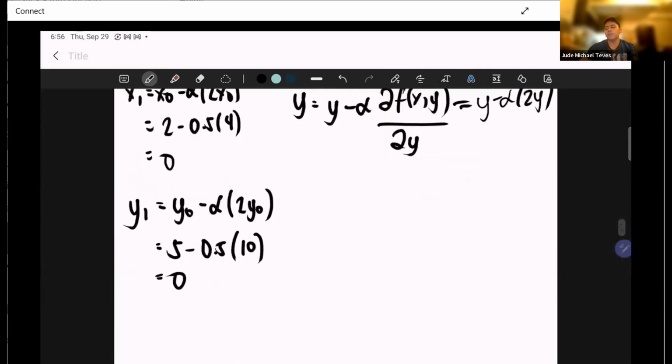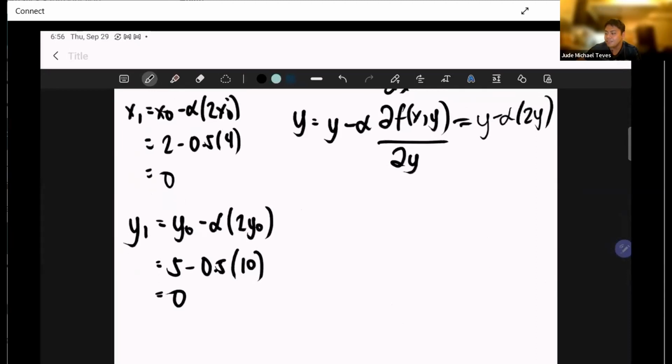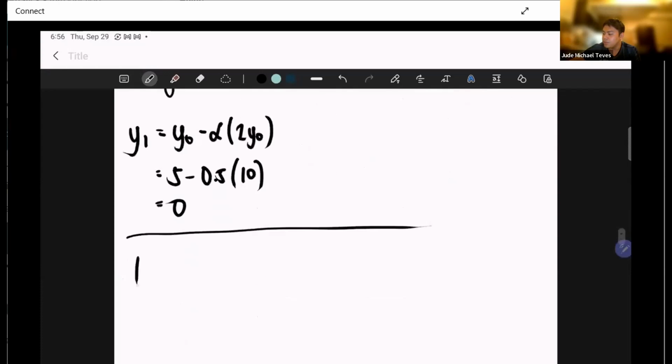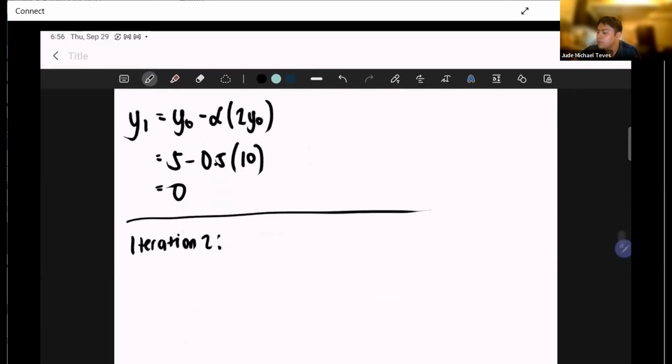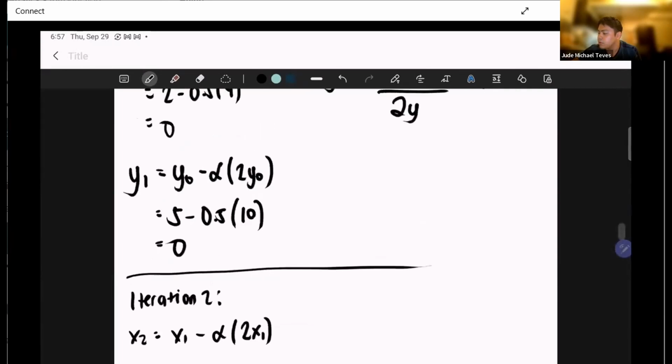What do you think will happen with iteration 2? What is the output? Okay, let's do this together, if you're not sure. Iteration 2. Then 2x sub 1, right?